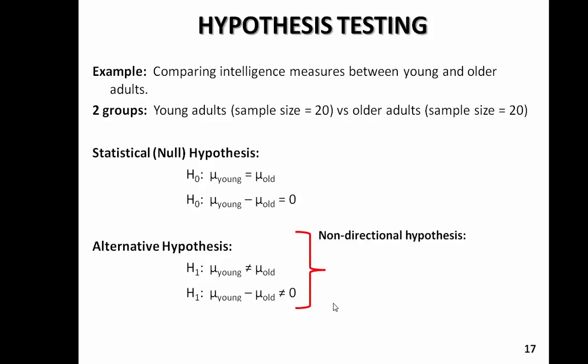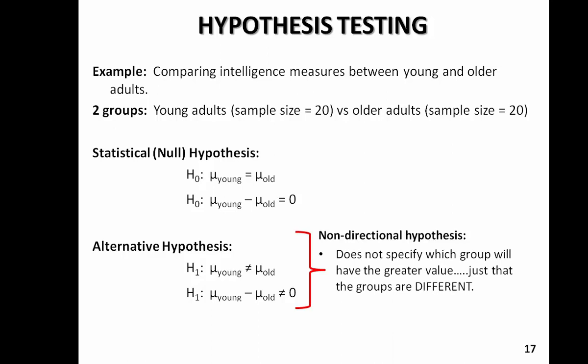This is what we call a non-directional alternative hypothesis. The non-directional alternative hypothesis does not specify which direction the difference will occur. It only states that there will be a difference between young adults and older adults, and does not specify which one will be greater than the other.